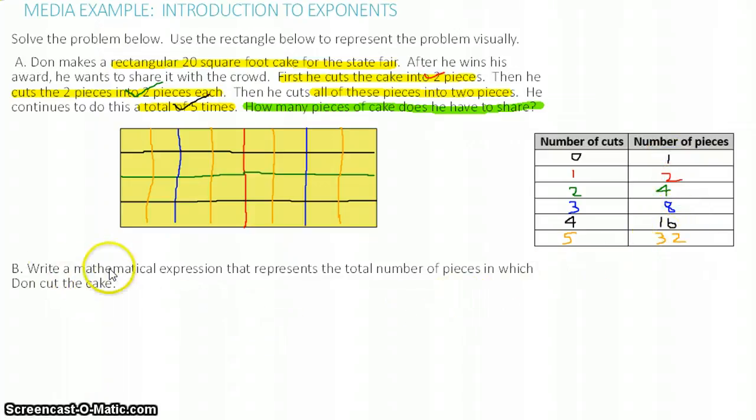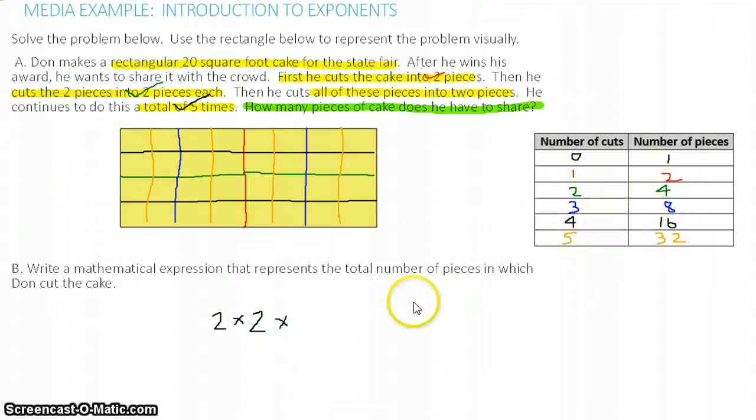So now we want to write a mathematical expression that represents the total number of pieces in which Don cut the cake. So let's use this idea. We don't just want to write 32. Let's use this idea that we multiplied by 2, 1, 2, 3, 4, 5. So we'll say 2 times, that was our first cut, 2 times 1, then 2 times 2, so we multiplied by 2 again.